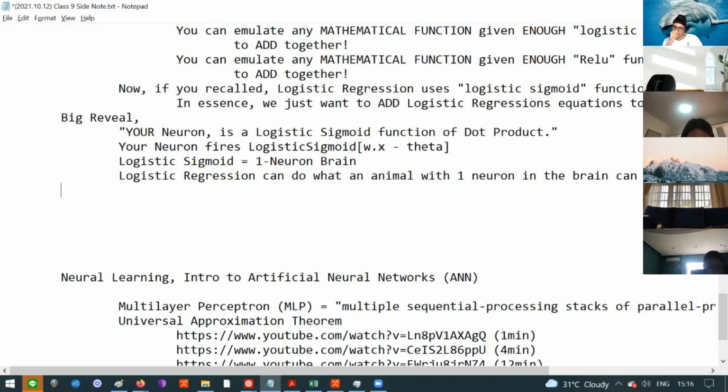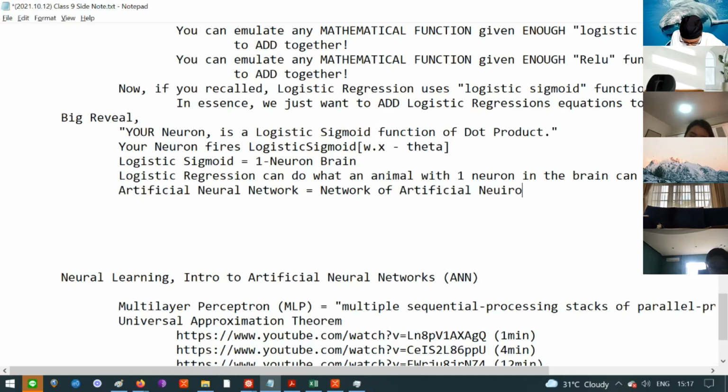Now, what's a neural network? An artificial network of artificial neurons.